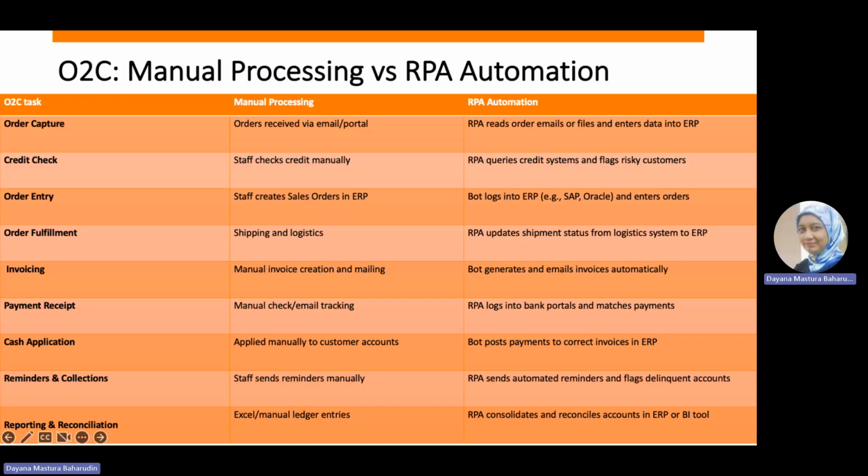Now let's have a look at this. Three columns here. As you can see, on the left is the O2C task, and in the middle is the manual processing. I want to start with manual processing so you can see what is being automated, what needs to be automated.